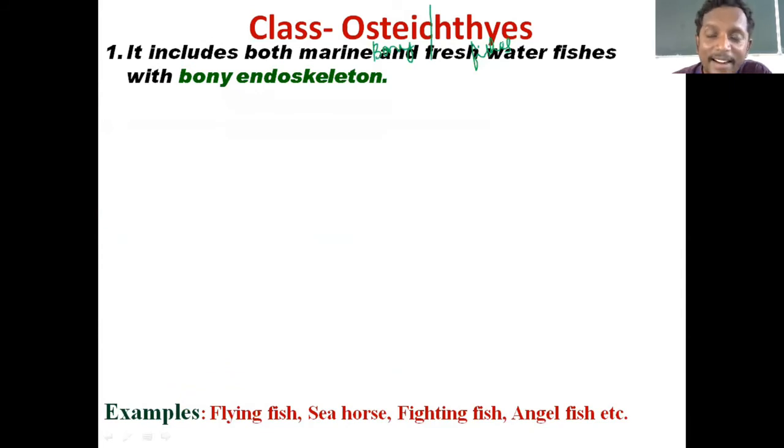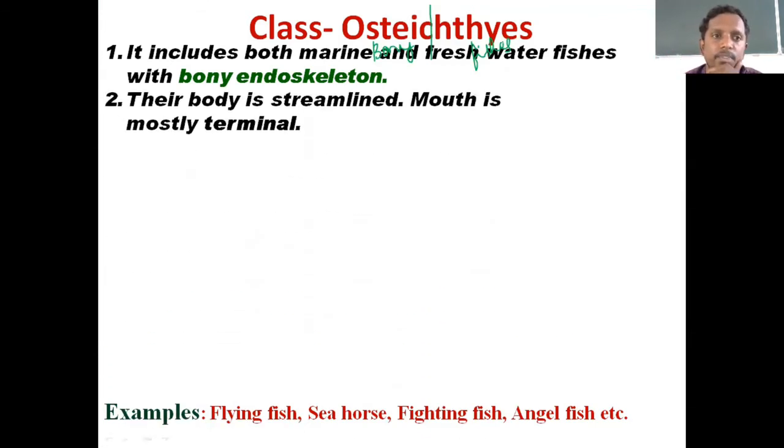Going into the general characters or salient features, they include marine as well as freshwater. In the previous phylum we saw only marine, but here it can be found in marine water also, though not all of them. Some are marine and some bony fishes are freshwater organisms with bony endoskeleton. Their body is streamlined and mouth is terminal.